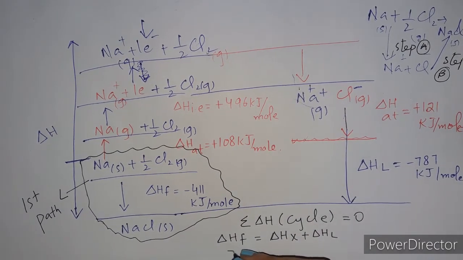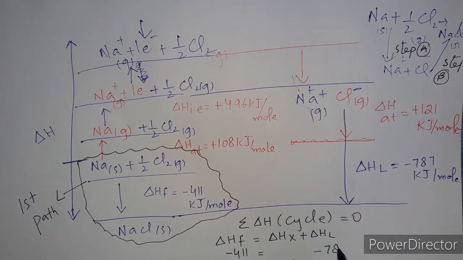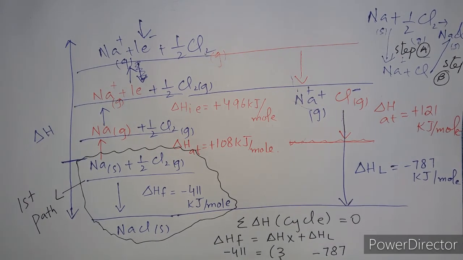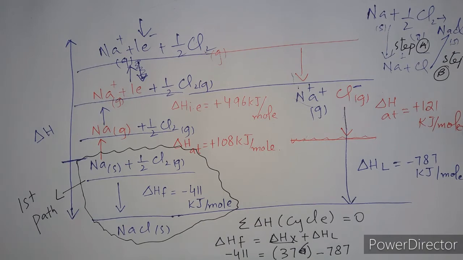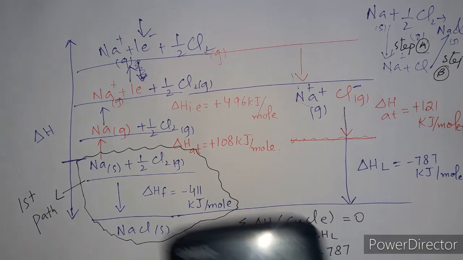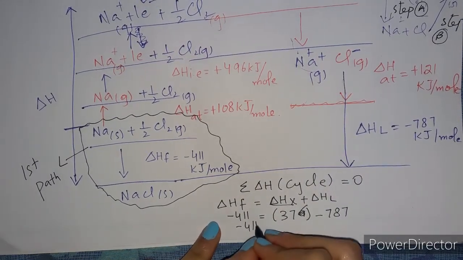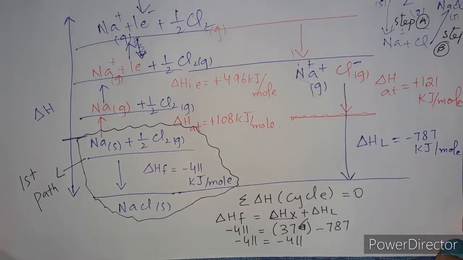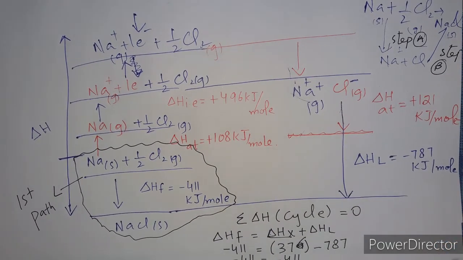Now this value is minus 411 and here minus 787, and this value we get here, 376, is the del Hx value. Now adding them we will get minus 411. So minus 411 is equal to minus 411. So in this way you will draw the Born-Haber cycle for NaCl.